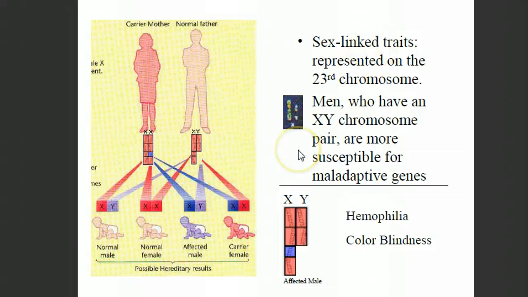For some genes on that X chromosome that are responsible for things like blood clotting or color vision, if the male inherits a recessive gene from the biological mom that is not a good gene, he's at grave risk. Let's say there's a gene responsible for blood clotting, and the biological mother contributes a chromosome where blood clotting doesn't happen.